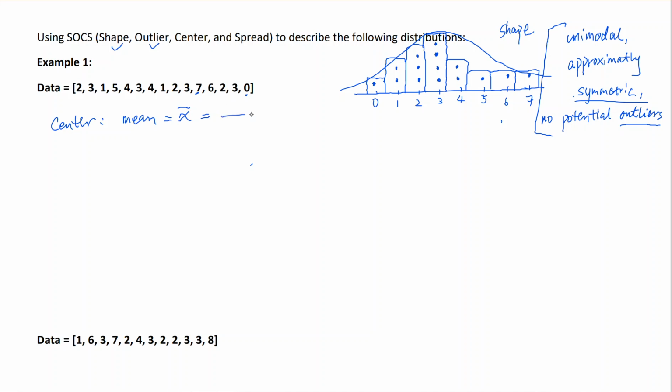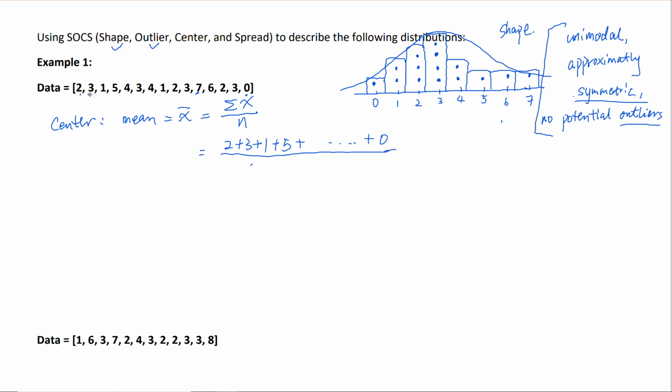The formula will be the sum of all observations divided by the total number of observations. So it's just the sum of all of these values: 2 plus 3 plus 1 plus 5 until the last one 0. Divide by the total number of observations.